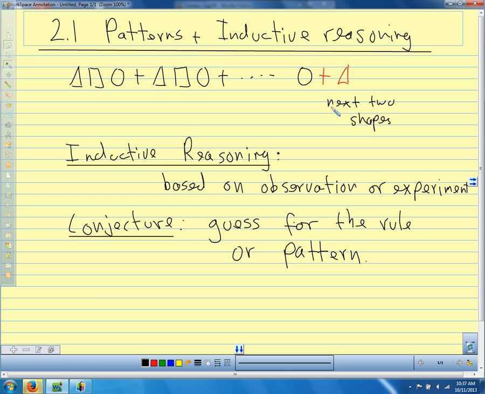Now, do we know 100% certain that those two shapes would certainly be the next two shapes? No, because this pattern could do something crazy in between here. Maybe it would do this 10 times in a row, and then change to something else, and then go back and do this another 10 times in a row.